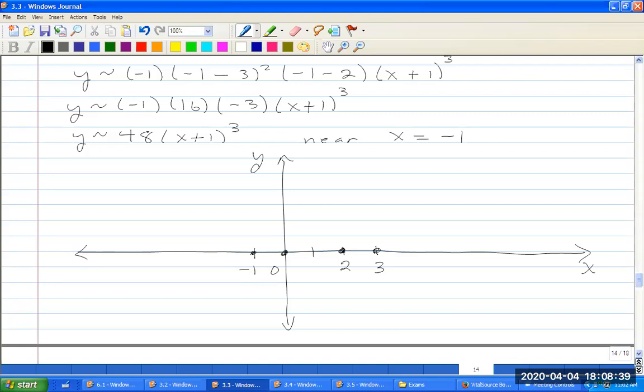It goes up into the first quadrant, down into the third quadrant. So my tails are here. So somehow it starts up here and goes down here.